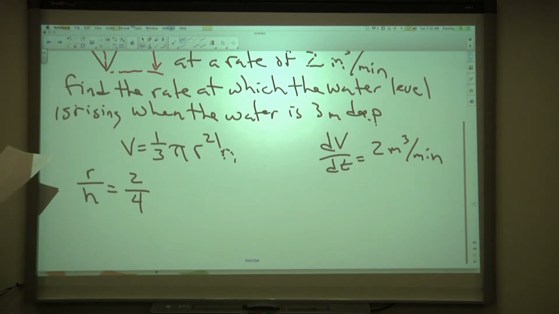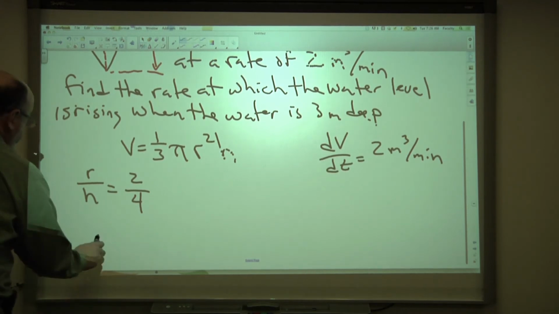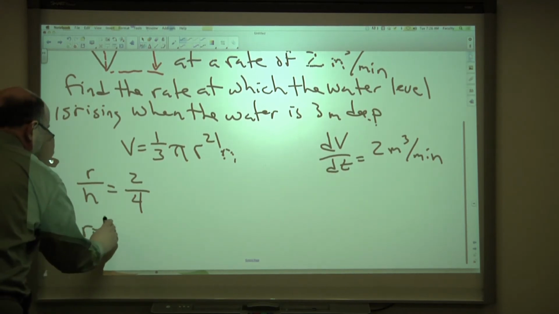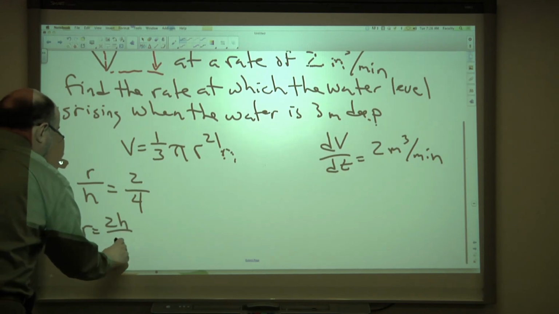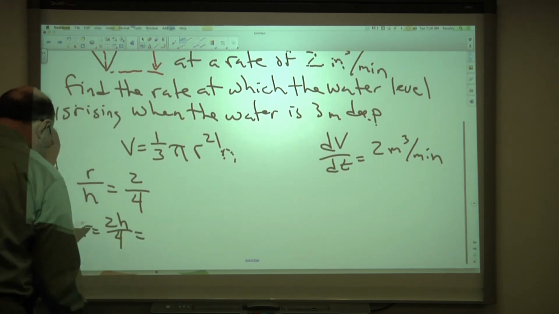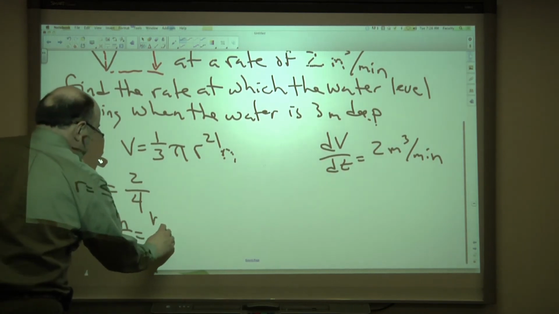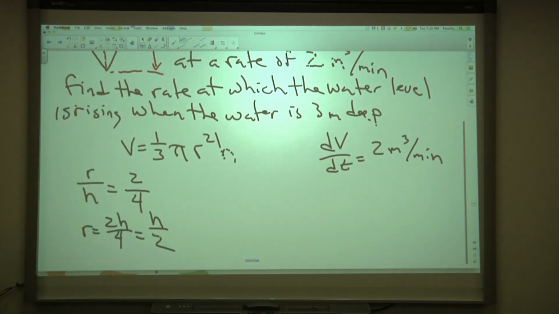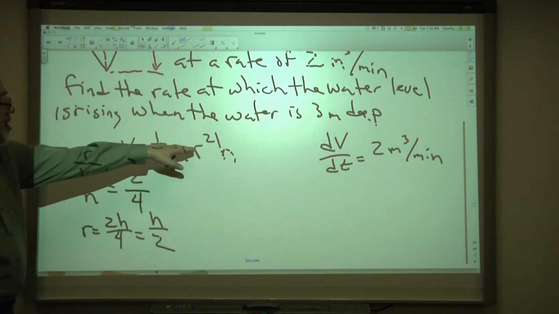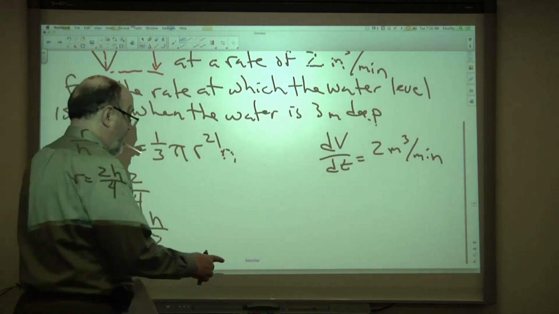We're going to solve this for r. And the way you do this is you cross multiply and divide. And so r is going to equal 2h over 4. So r is going to equal h over 2. So now we're going to use this and plug that in there for my value.